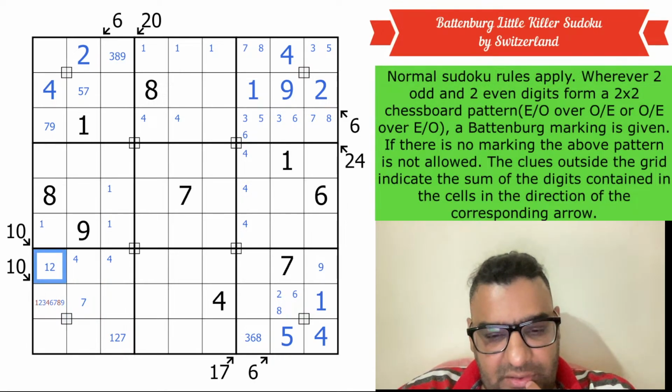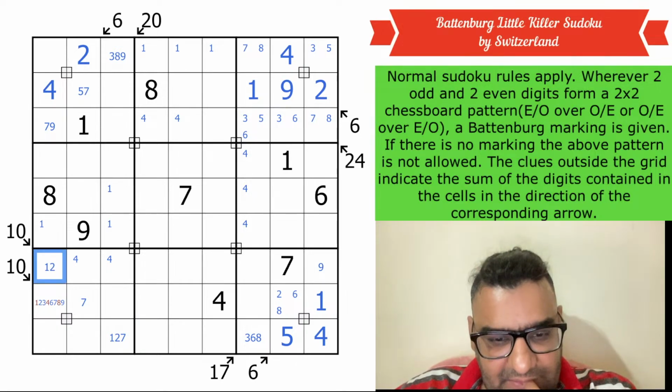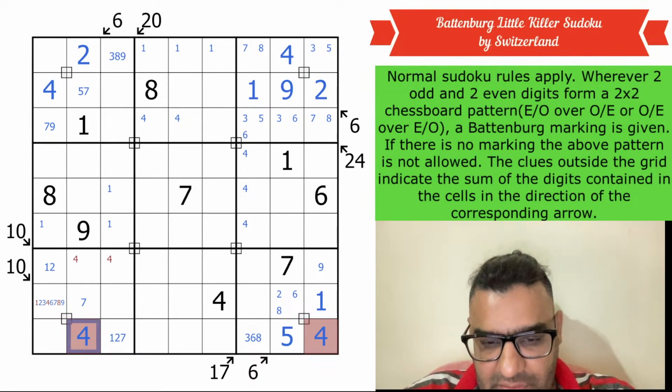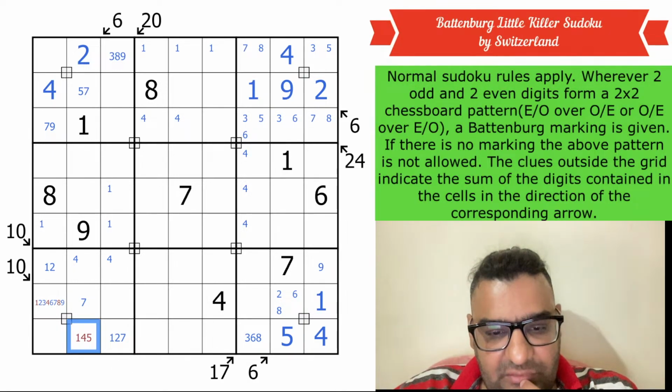If I put 1 here, 2 here, and 7 here, then 2 cannot be here. If I put 2 here, 1 here, 7 here, it cannot be here. 5, 4, and 1 are already legitimate numbers for these three.